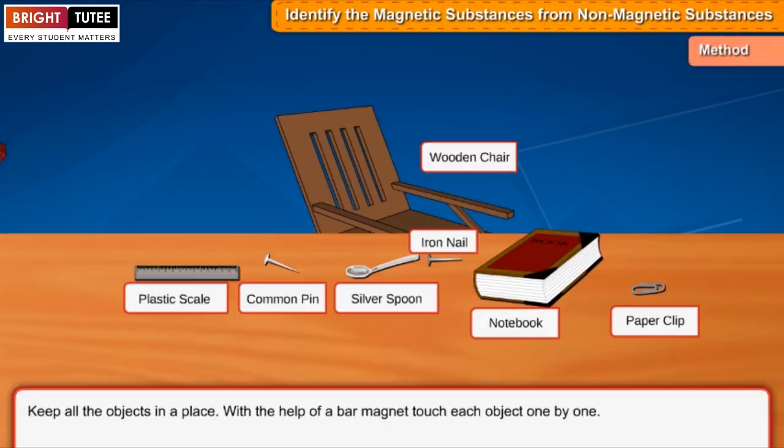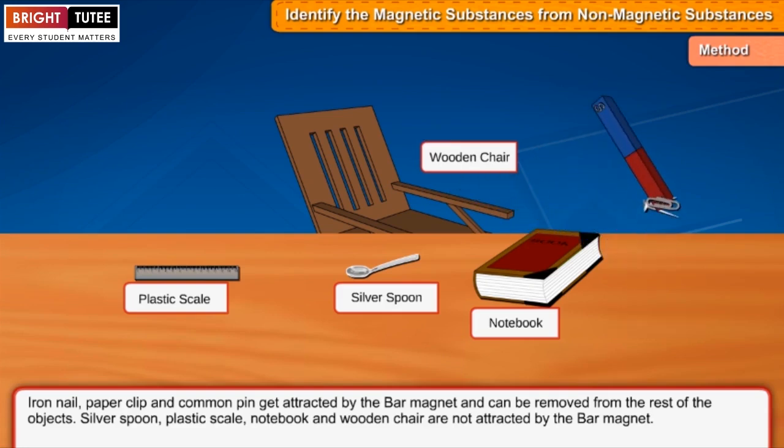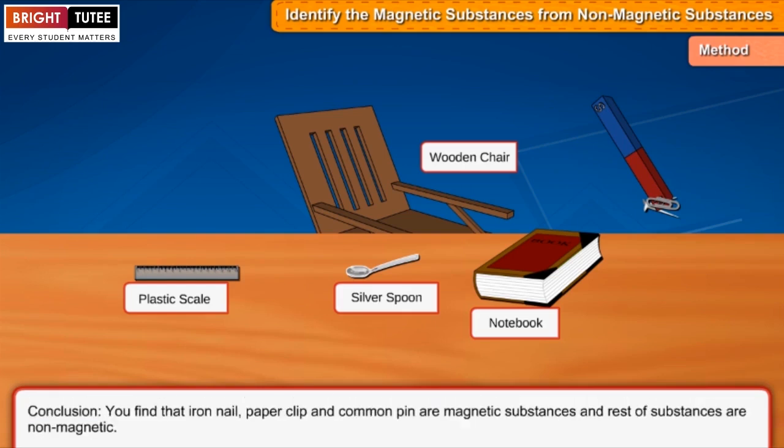With the help of a bar magnet, touch each object one by one. Iron nail, paper clip and common pin get attracted by the bar magnet and can be removed from the rest of the objects. Silver spoon, plastic scale, notebook and wooden chair are not attracted by the bar magnet. Conclusion: you find that iron nail, paper clip and common pin are magnetic substances and the rest of the substances are non-magnetic.